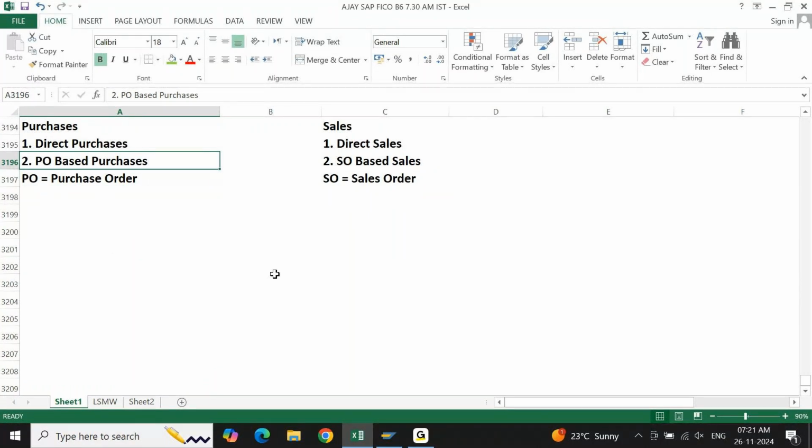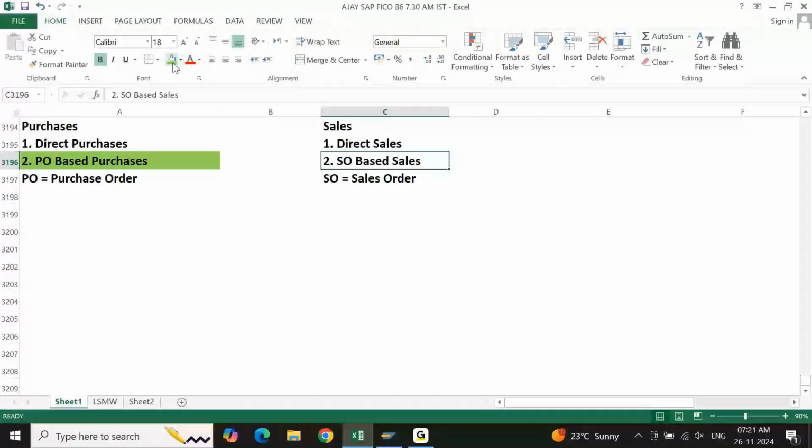Majorly on purchase order. In any organization, majoritarily sales will happen directly or through a sales order.